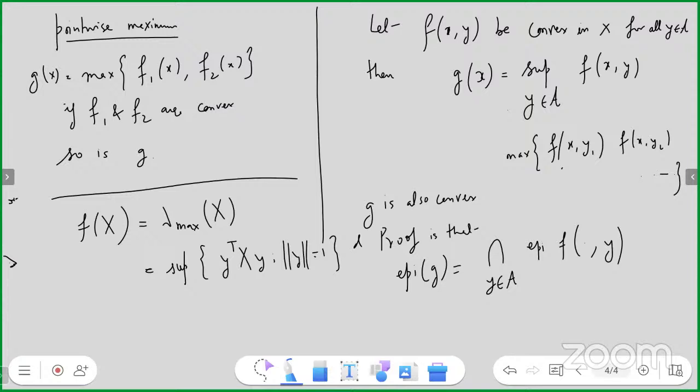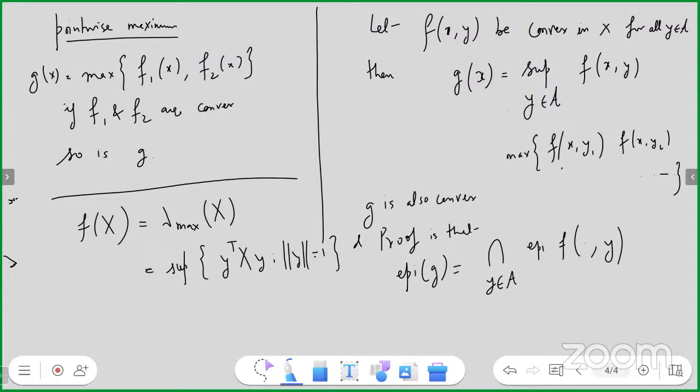Linear in X. And what does linear in X mean? It's a convex function. I'm taking a supremum, so I can apply that. And this tells me that this is a convex function. So the maximum eigenvalue of a matrix, you have to make sure that X is symmetric, is actually convex.